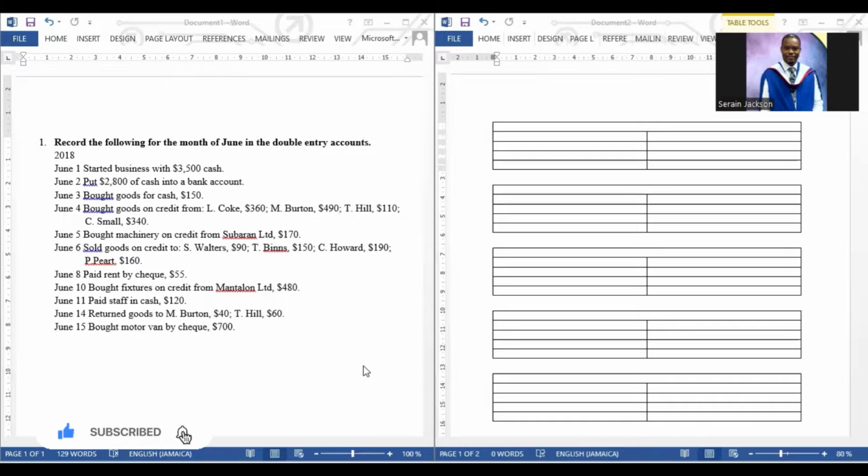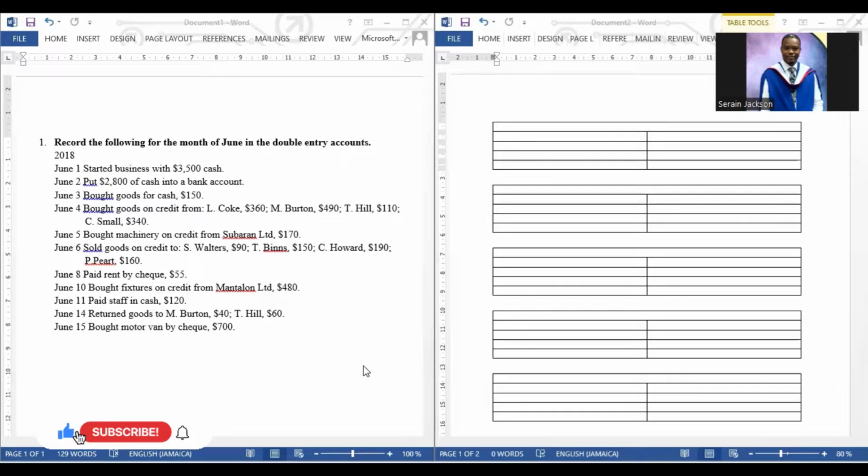When we're doing a double entry system, we have to remember that whatever items are increasing, we debit, except for the capital account, and whatever items are decreasing, we credit, except for the capital account.